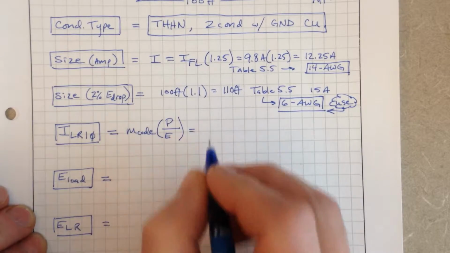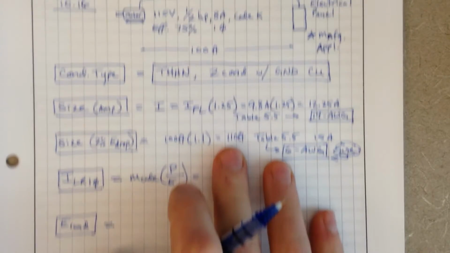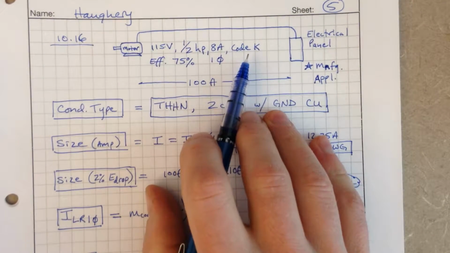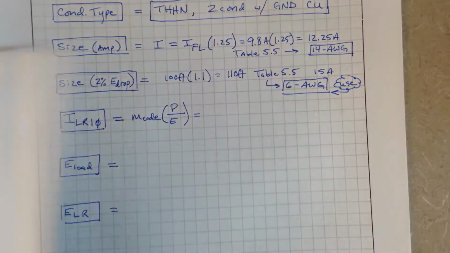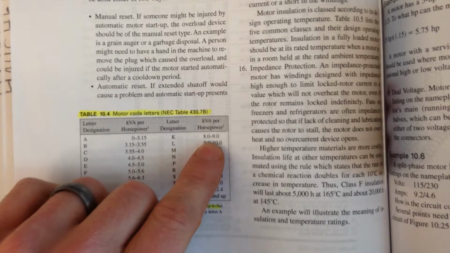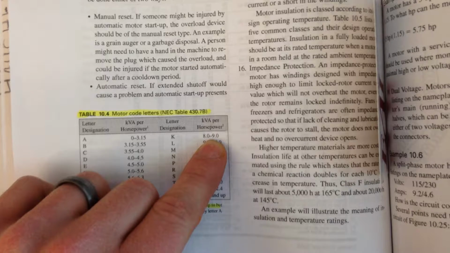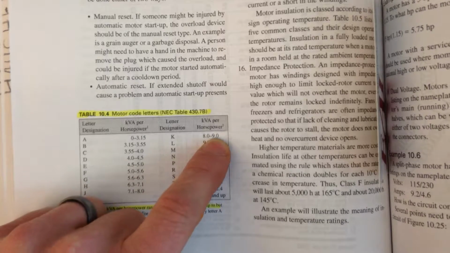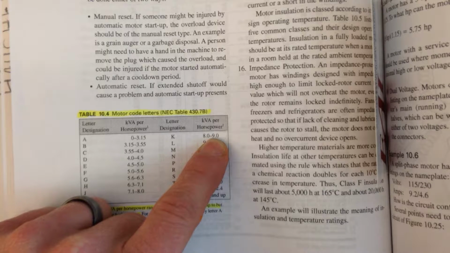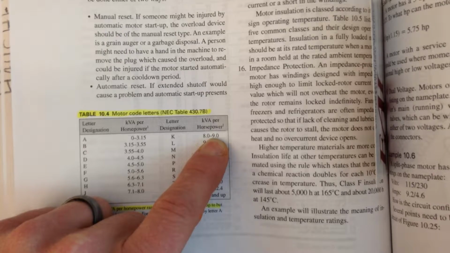Looking at table 10.4, if we pull up the K code, which if we look back up at our problem, we have a K code. That relates to anywhere from 8.0 to 9.0 kilovolt amps. We're going to go with the max, and whenever we do this, we always go just below the max here. So instead of 9.0, we're going to actually put 8.9 kVA into our equation.